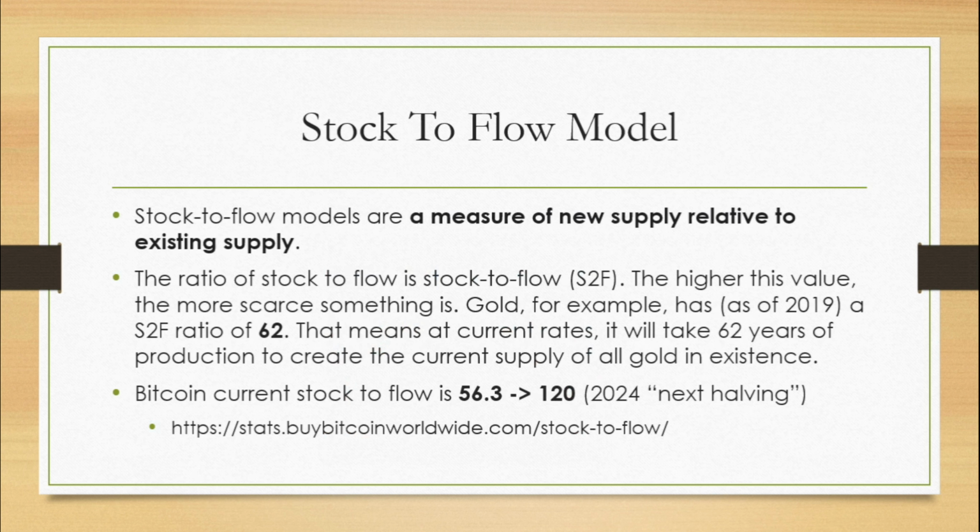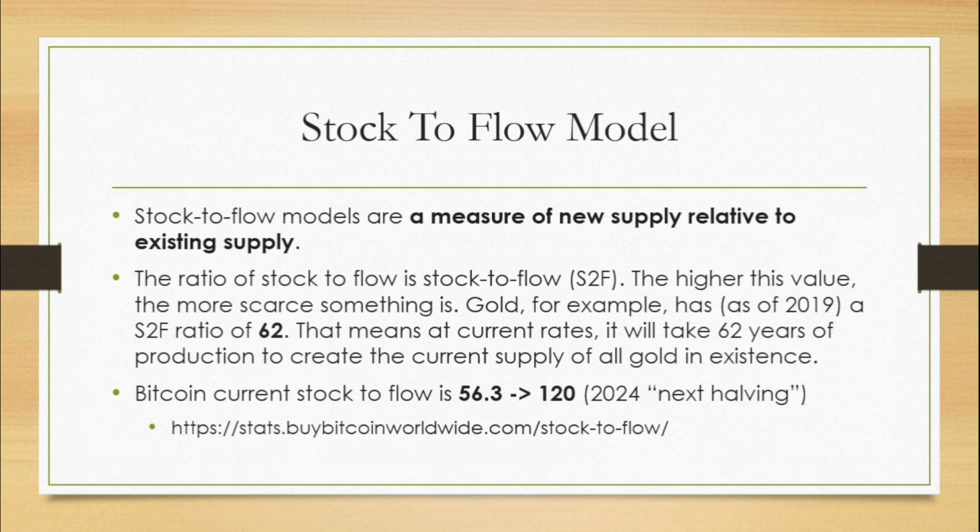Measuring commodities based on the stock to flow model. There are two commodities that we're going to talk about in this, specifically to the stock to flow model. It measures new supply relative to the existing supply, or how fast new supply comes out of mining that replaces the existing supply. So the way they describe it, for example, if gold has a stock to flow ratio of 62, that basically means that at the current mining rates it will take about 62 years of production to create the current supply of all the gold in existence.